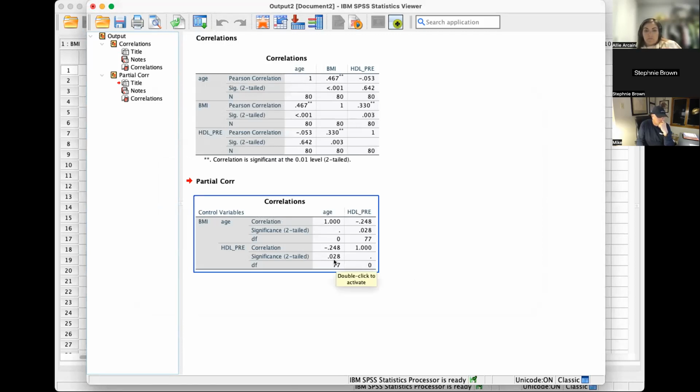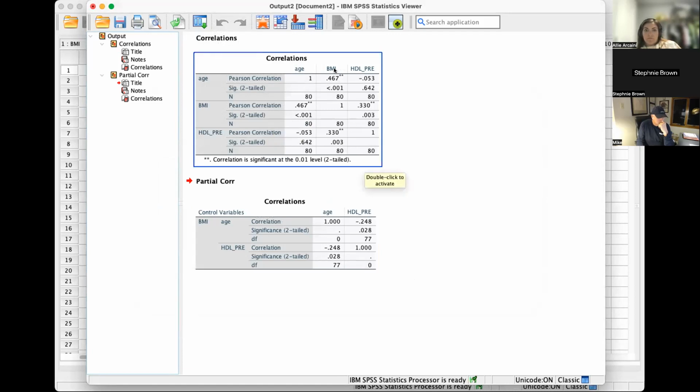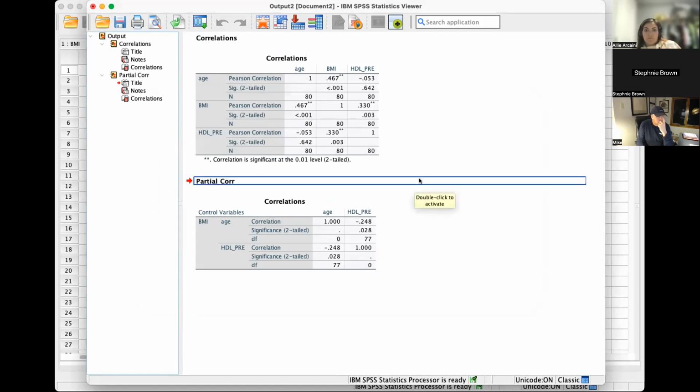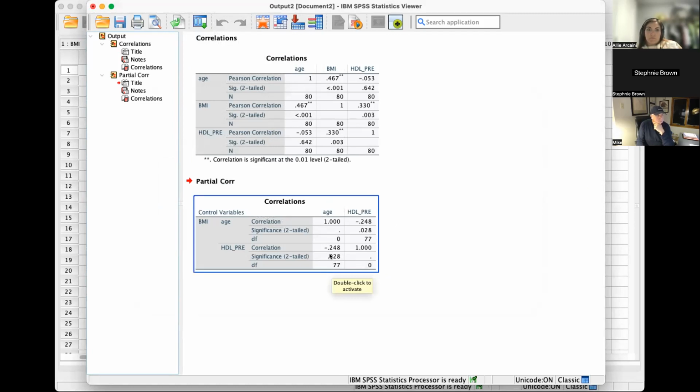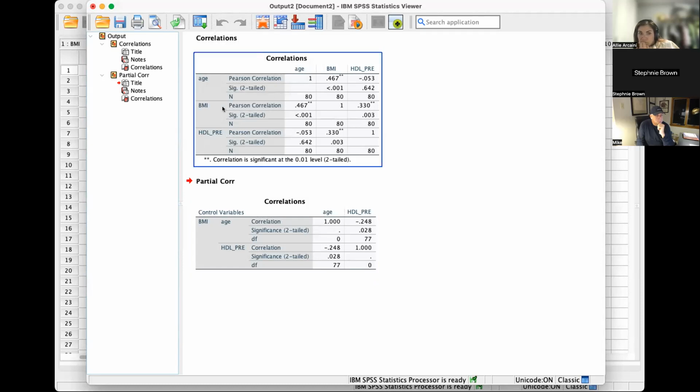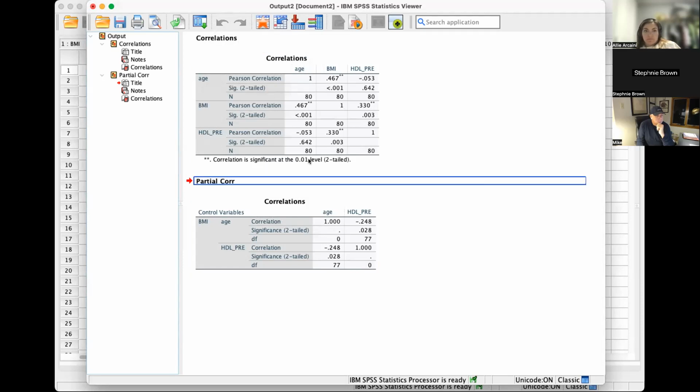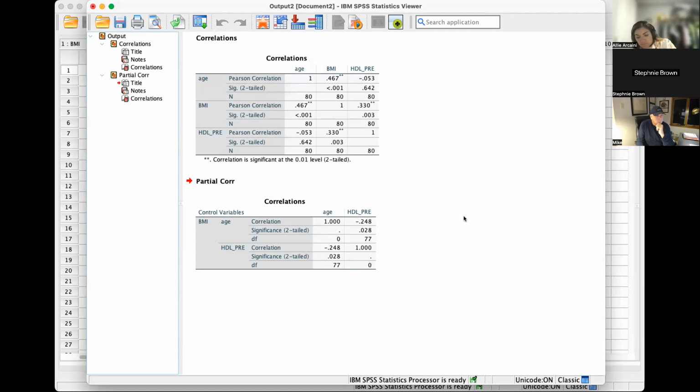Interestingly, the partial correlation between age and HDL pre, with the correlation between BMI and HDL pre removed, is actually significant. It's negative. And so here we've got another case of the presence of a confounder masking a relationship when we look at these raw, or sometimes called zero order, correlations.